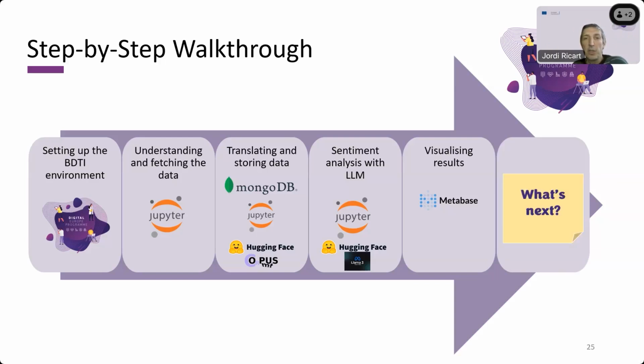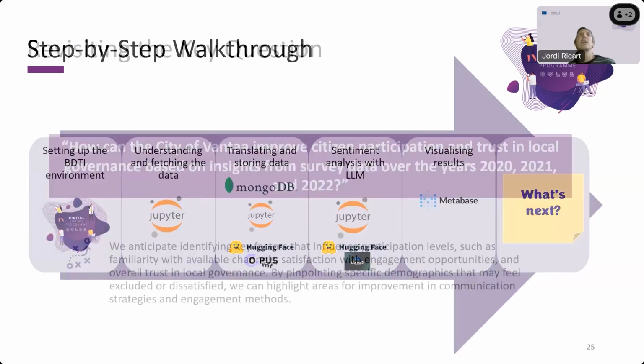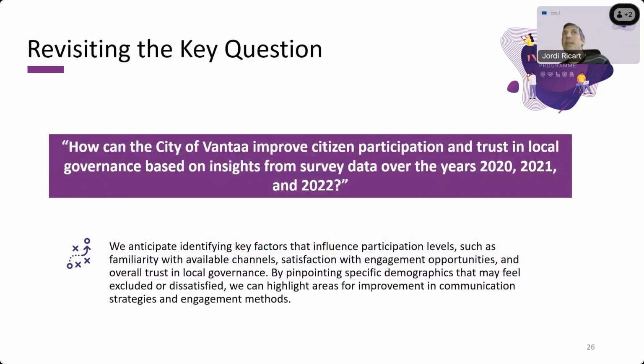Why all that, right? So the whole point, let's go back to the initial use case. How can the city of Vanta improve the participation and trust in the local governance based on the insight from surveys?